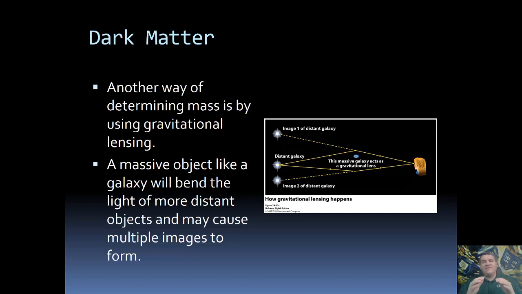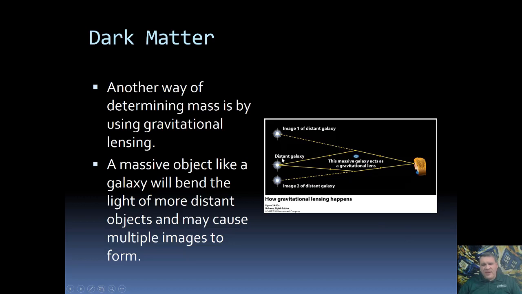Specifically, a massive object curves space-time, and as light travels, if space-time is curved, the light will also curve. In other words, we see an object bend the light. The object's gravity is actually bending the light. Well, depending on the size of objects and their orientation, it is possible that this bending of light can actually lead to multiple images.